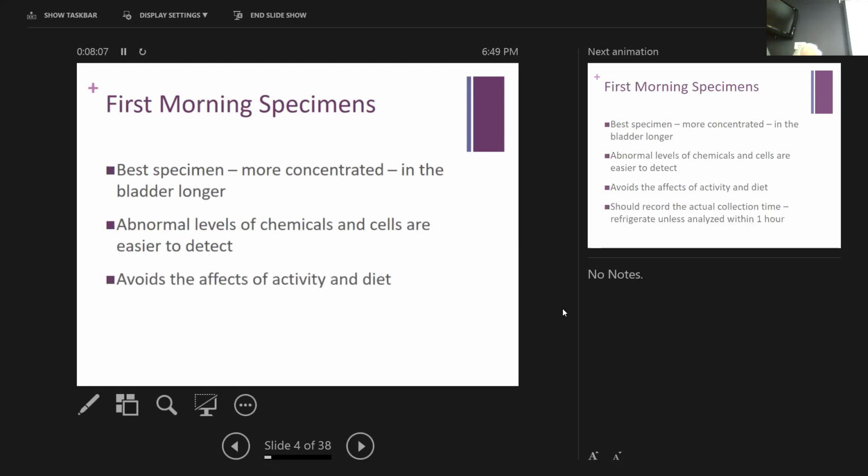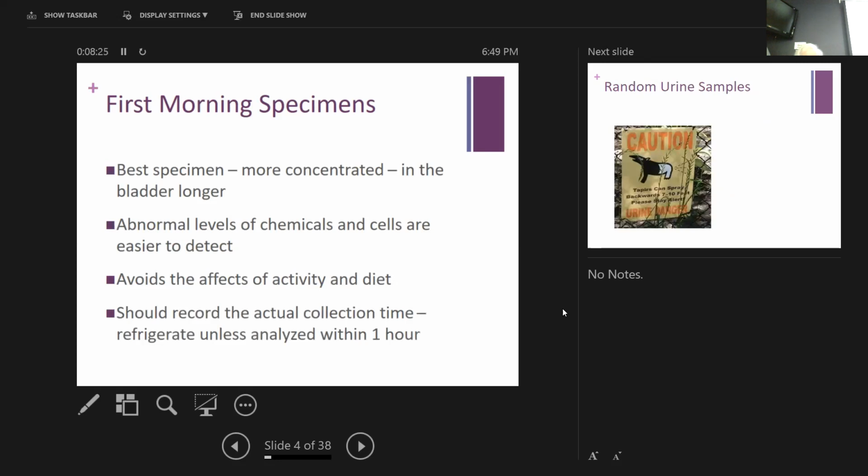It also avoids activity. Activity actually causes us to generate things and get cellular debris and other things into our urine during the day. And of course, diet. The contents of our urine are going to be really based on what we eat.